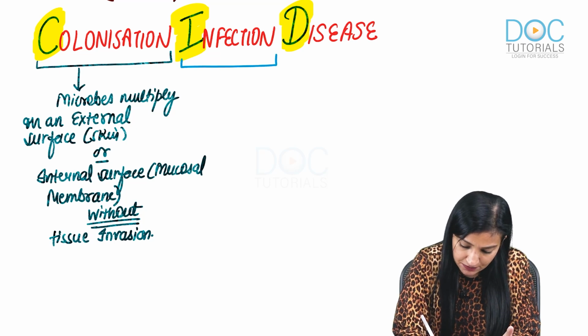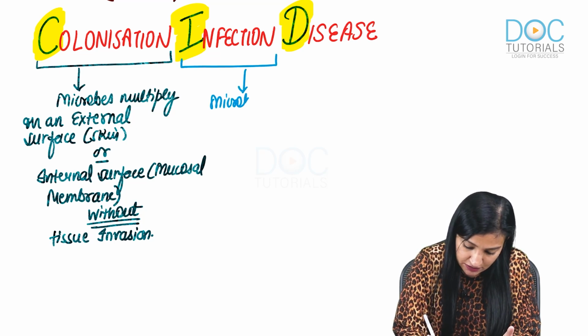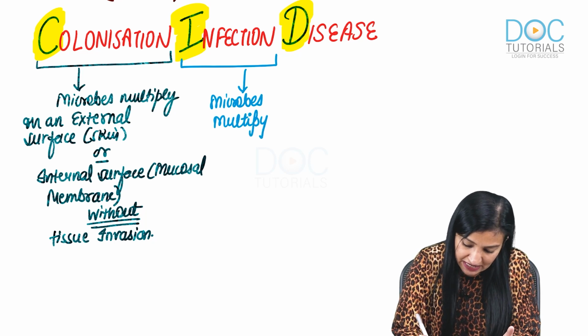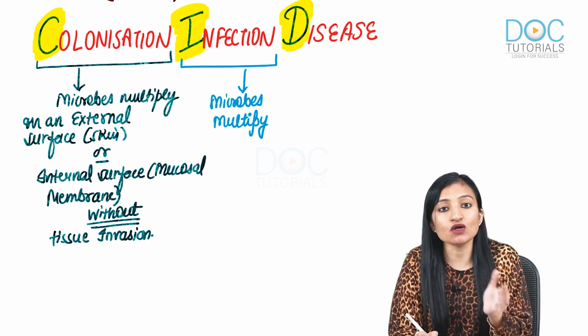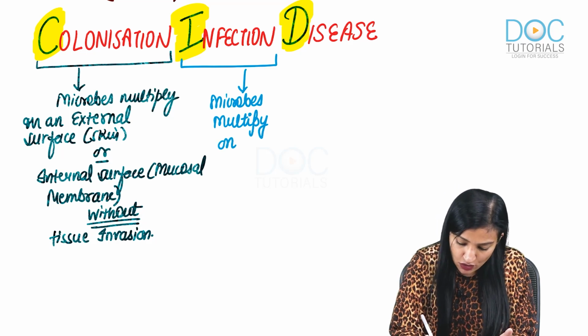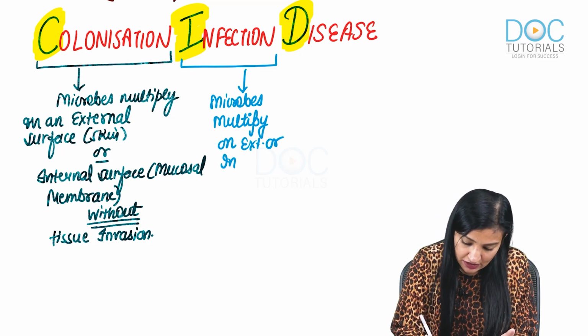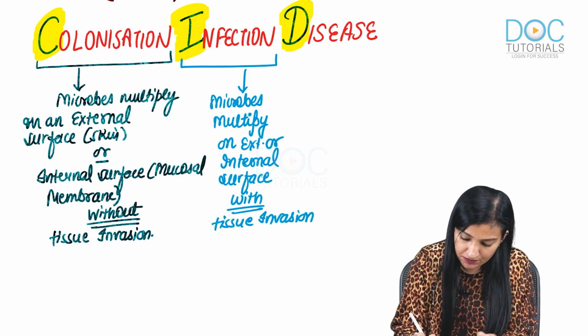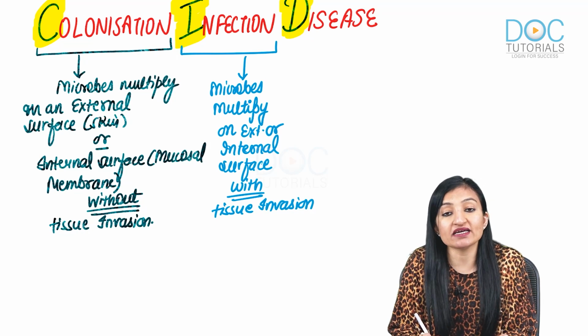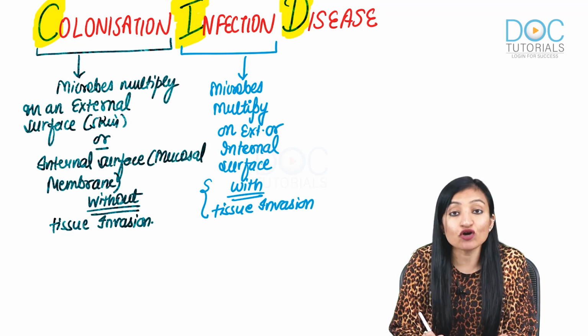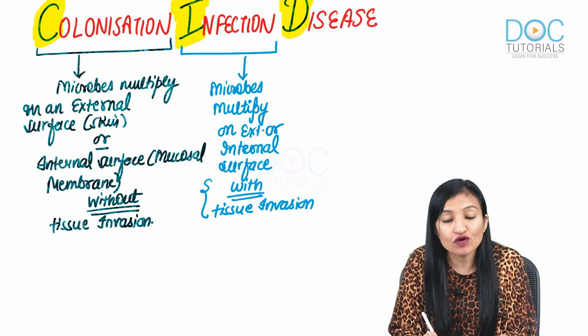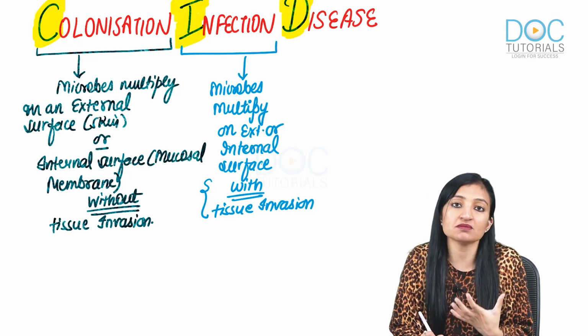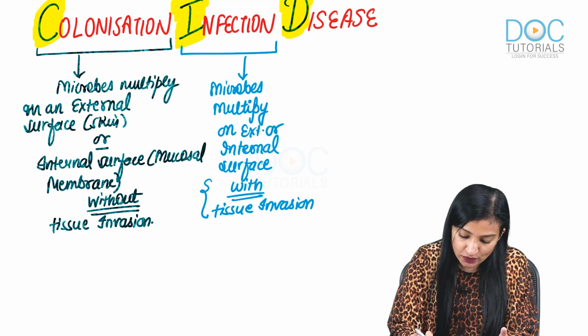Infection means the microbes multiply on some external or internal surface of the body, but this time with tissue invasion. The good news is that the extent of tissue invasion is not enough to produce clinical signs and symptoms in the patient.